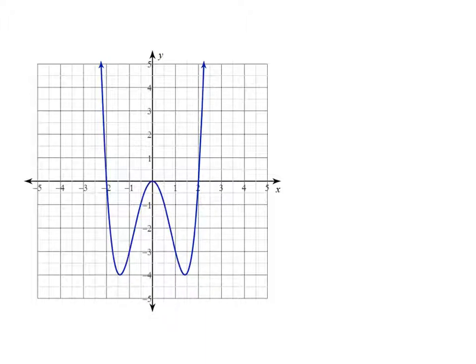So looking at the graph, you should be able to say, okay, where are these things happening? So I do like to find the extrema first. Okay, so we call this a max. Now, it's not really a real max. We call it a relative max.